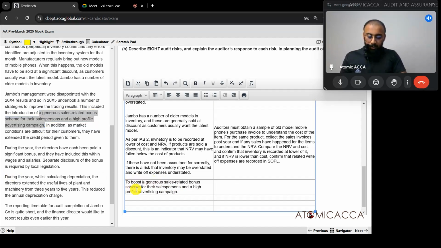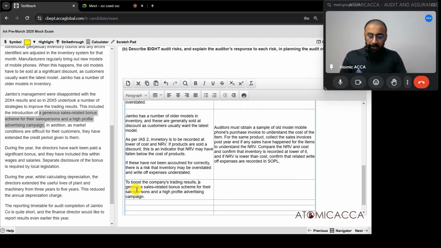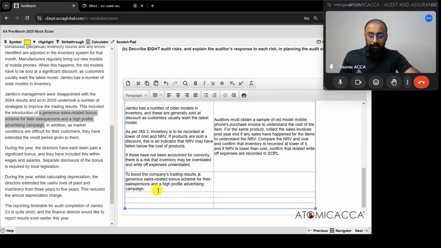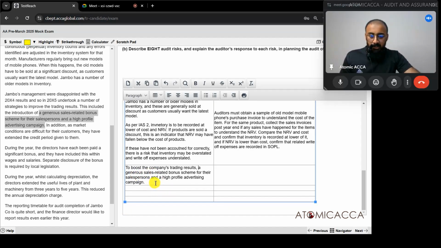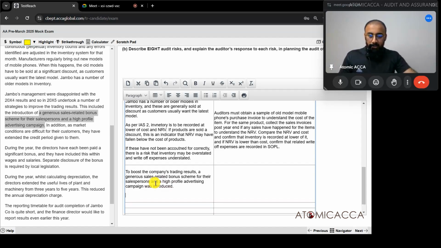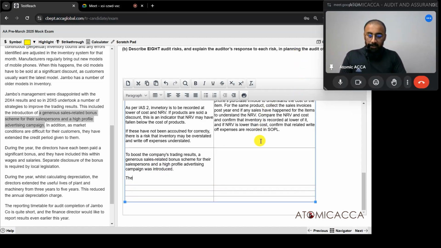To boost the company's trading results, a generous sales related bonus scheme for their salespersons and a high profile advertising campaign was introduced. Now, what is the risk over here?